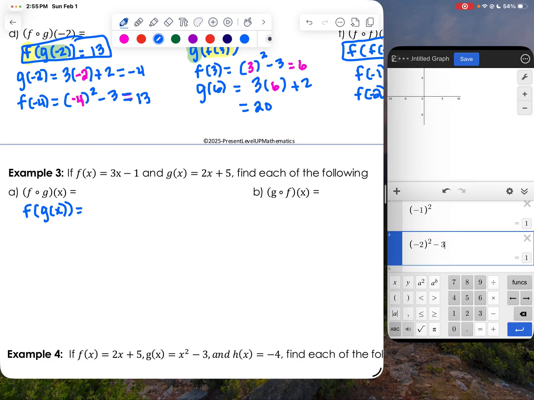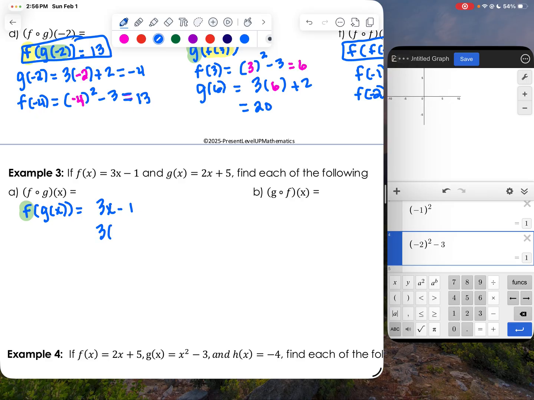Now what's different in this problem is they didn't give us a numerical value. Okay, so when there's not a numerical value, what you're going to do is look at the letter on the outside of the parentheses, which is f. And that means we're going to write the f function down, which is 3x minus 1.